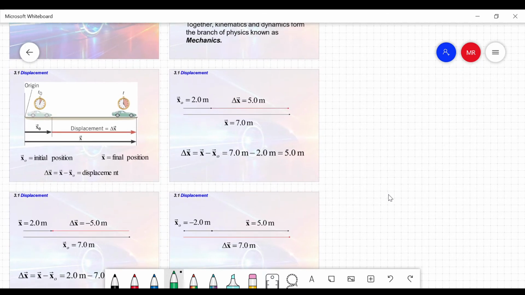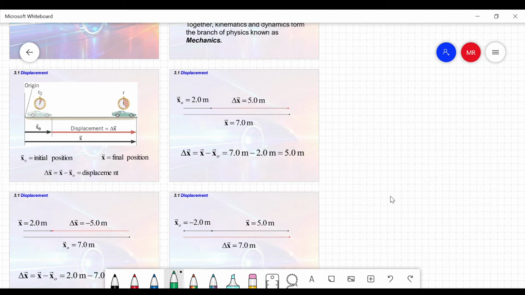So from our previous lessons, displacement is a vector quantity. So when we say it's a vector quantity, and vector quantities, according to our previous lesson, are quantities that are not just concerned with magnitude, but also concerned with direction.